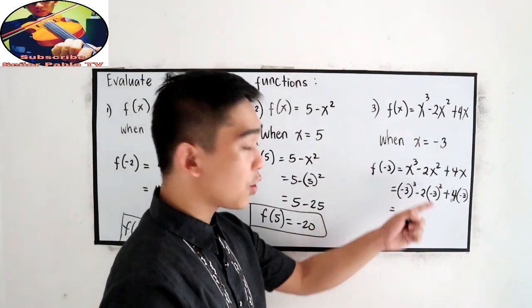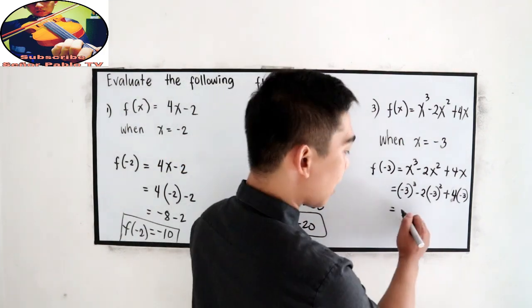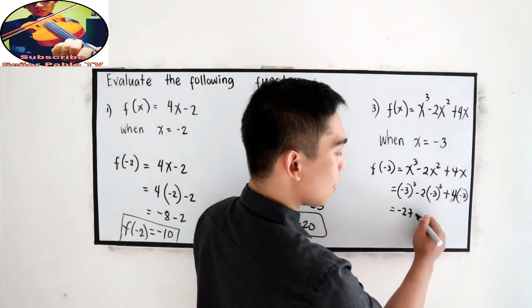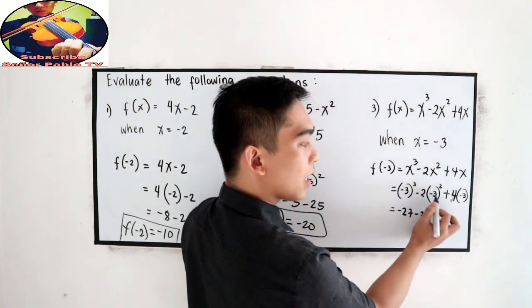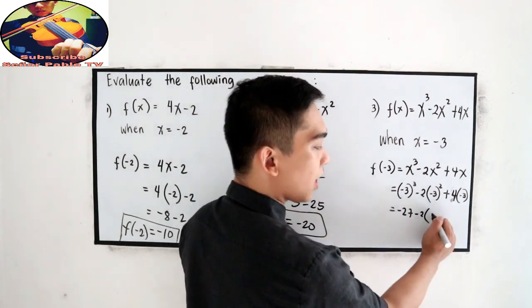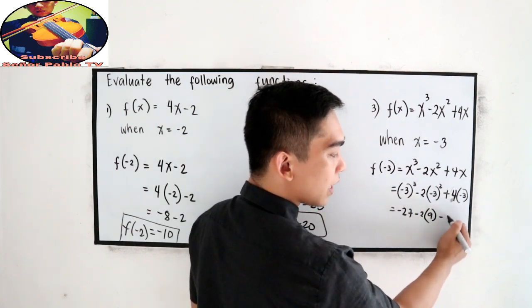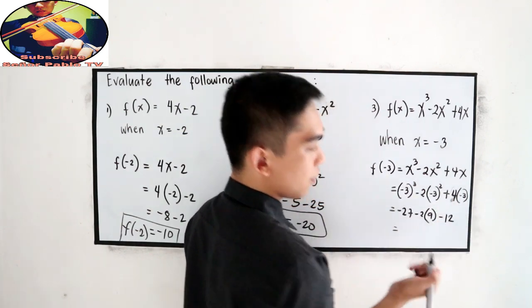So negative 3 cubed, negative 3 times negative 3 times negative 3, negative 27. Minus 2 times negative 3 squared, negative 3 times negative 3, positive 9. And positive 4 times negative 3, negative 12. 4, 8, 12.